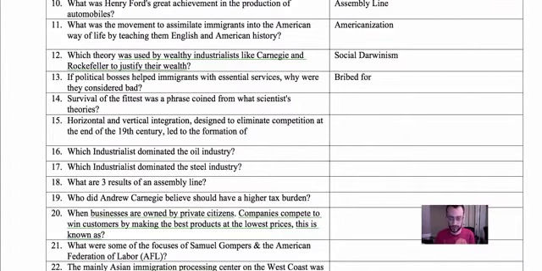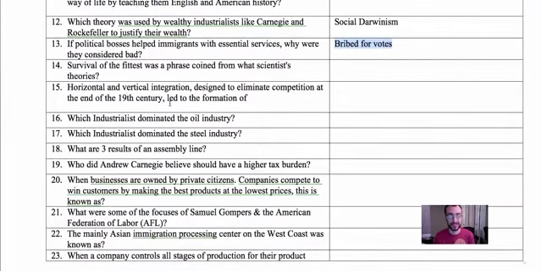So they bribed for votes. Did they help the city out? Sure they did. But their motivation was to get votes to get elected. You cannot do that. That is bad. Do not do that. Number 14, survival of the fittest was a phrase coined by what scientist's theories? If you passed biology, you would know that was Charles Darwin.